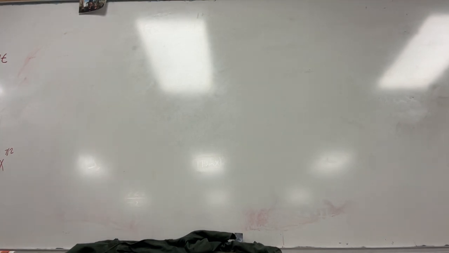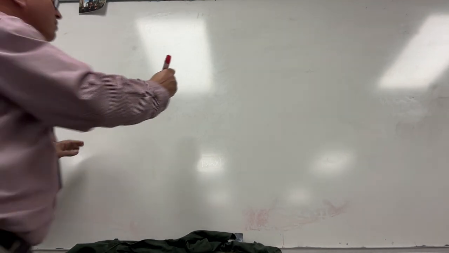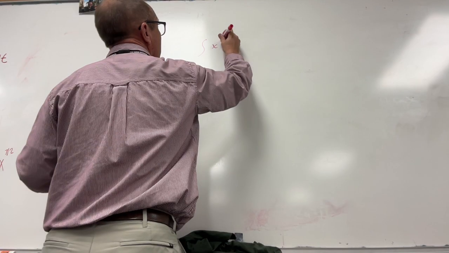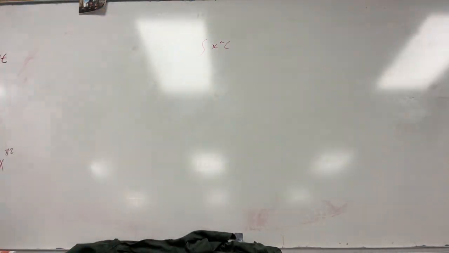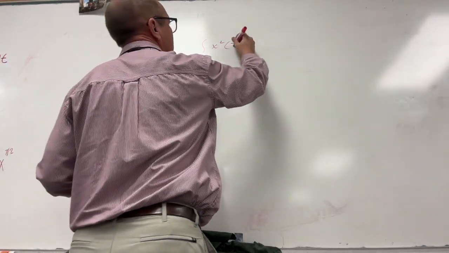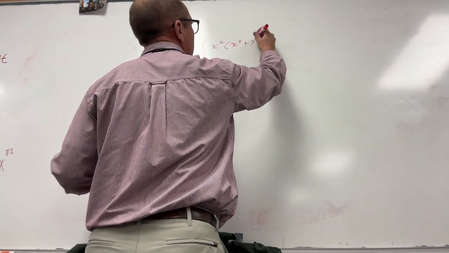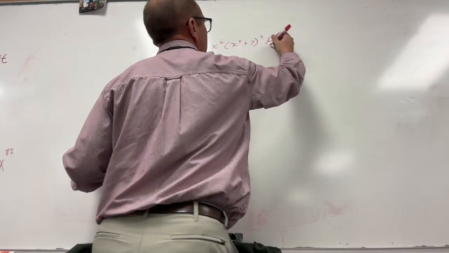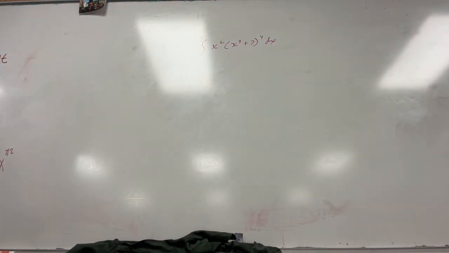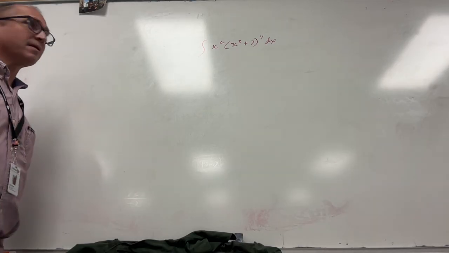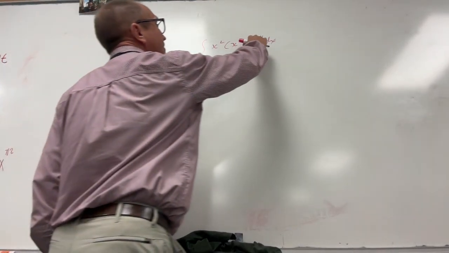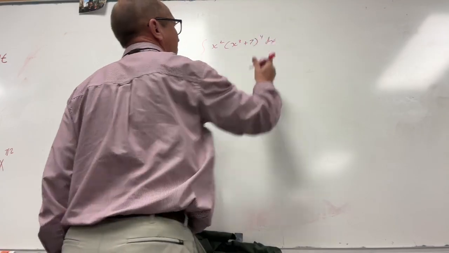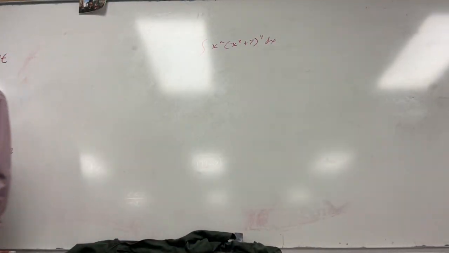All right, so we've got x squared times x cubed plus 7 to the 4th power. You good? Yes, that is a 7.